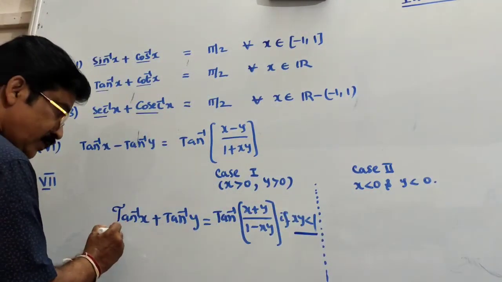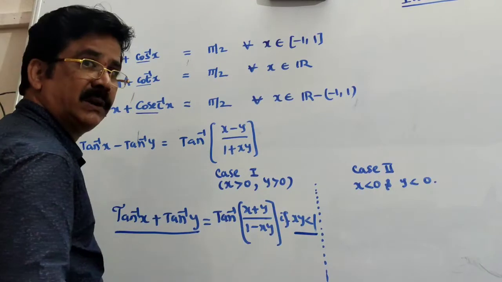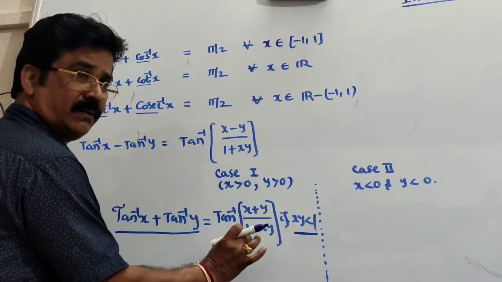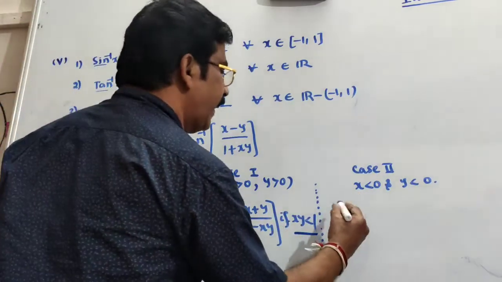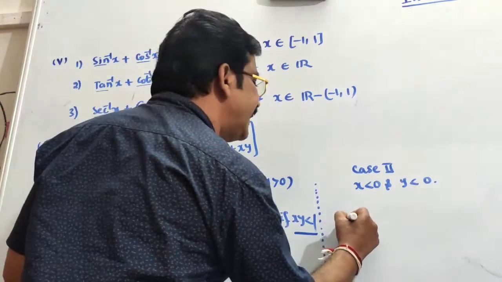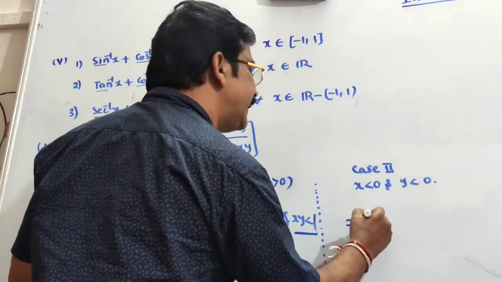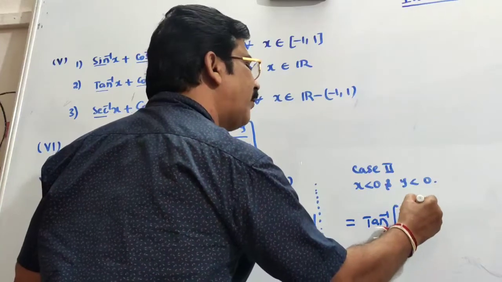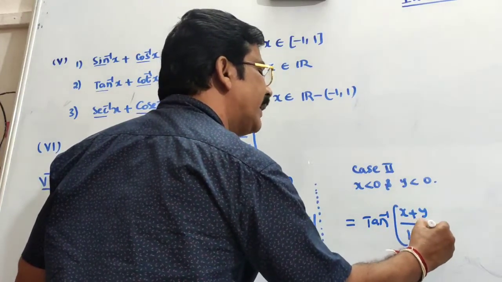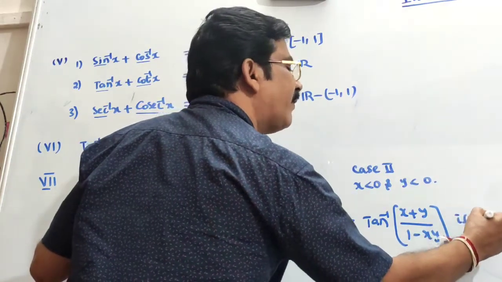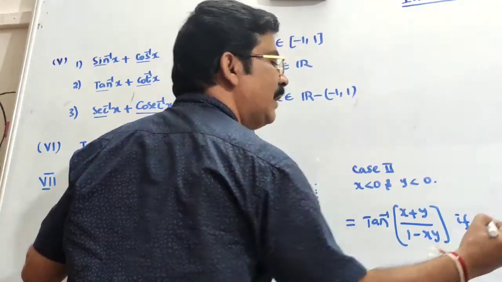Then tan inverse x plus tan inverse y equal to tan inverse of x plus y divided by 1 minus xy. Next here same question, tan inverse x plus tan inverse y is equal to, same formula, tan inverse of x plus y divided by 1 minus xy in the case of xy less than 1.